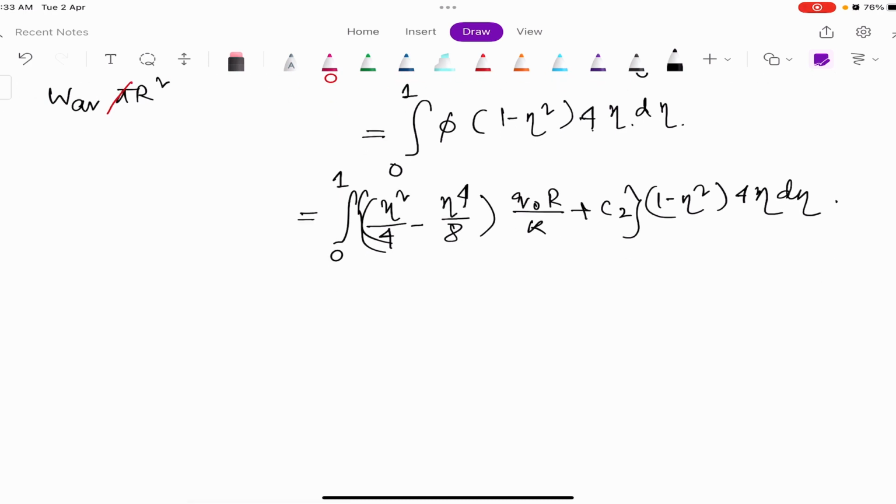You can see there are just the powers of η coming, so this is a very straightforward integration, but the problem is that you have to be careful during the algebraic manipulation. That is the only catch.